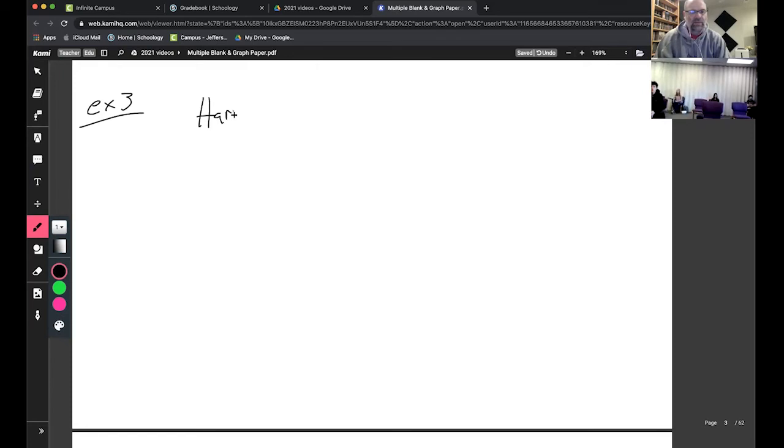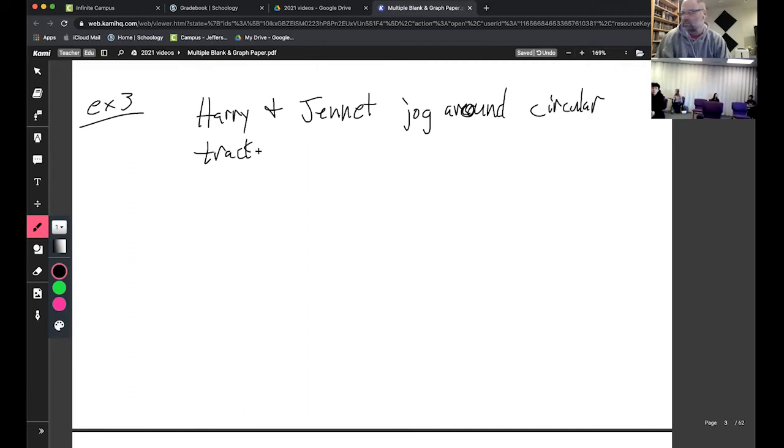But Harry and Janet jog around a circular track that is 210 meters long. Or, yeah, 210 meters around, I guess.